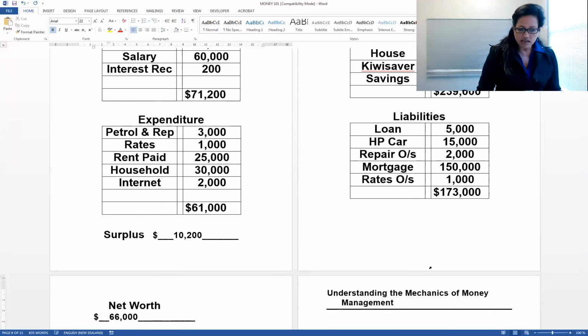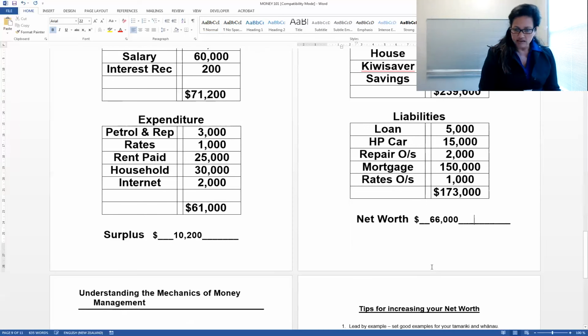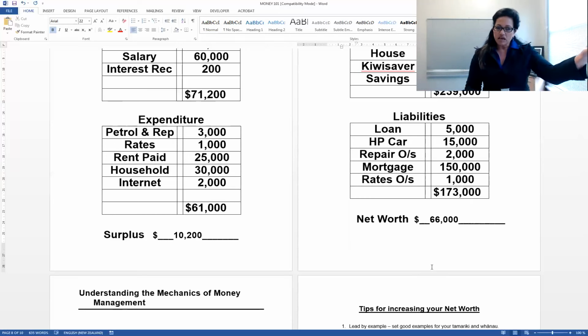When you hear about millionaires, the people at the top of the rich list, and what their worth is, this is how you work out their worth. You work out their assets minus liabilities, and that's their net worth. But they would have also worked out their income and expenditure.